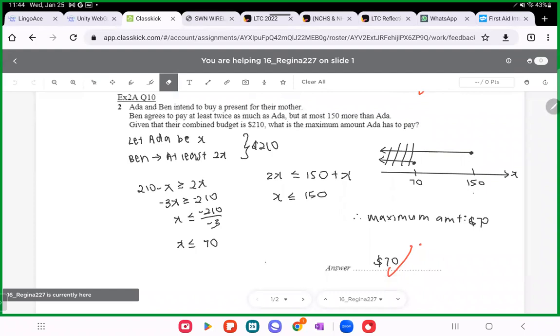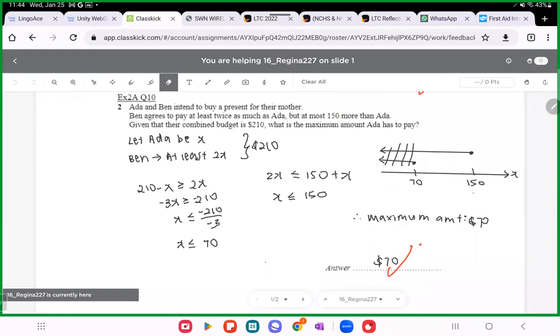Ada x, Ben at least 2x. So she formed 2 inequalities, because they say that Ben's 210 minus x has to be greater than 2 times Ada's, and it cannot be more than 150 of what Ada paid. So the 2 inequalities end up in this overlapping portion. The maximum amount paid is 70.